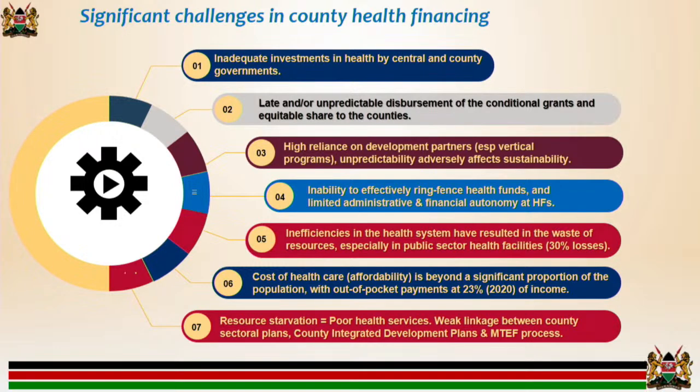Some statistics tend to point to the fact that about 30% of the resources in the health system are actually lost or are not used according to the plans. Cost of health care is a huge issue, and it is beyond a significant proportion of the population, with out-of-pocket payments at 23%, which is, of course, a huge amount of the disposable income of a household.